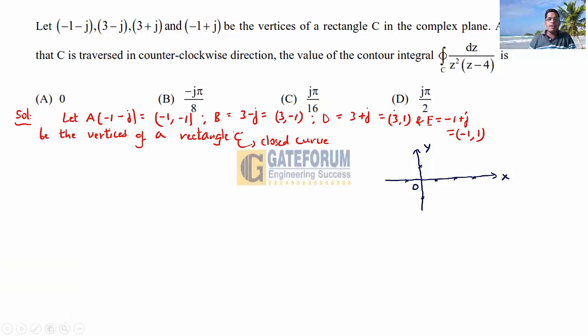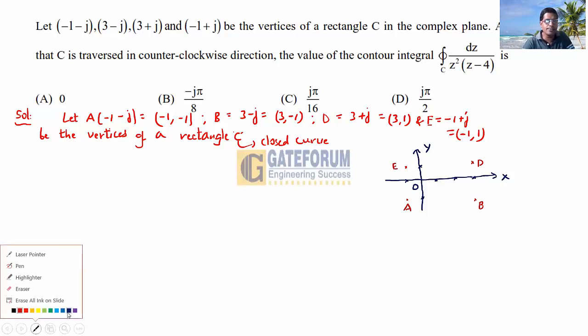Now what are the vertices' names? A is -1 comma -1. X value -1, Y value -1. So this is the point A. B is 3 comma -1. X value 3, Y value -1. So this is, approximately, D, 3 comma 1. E is -1 comma 1. X value -1, Y value 1. Now join these four vertices by straight lines, that is the rectangle.